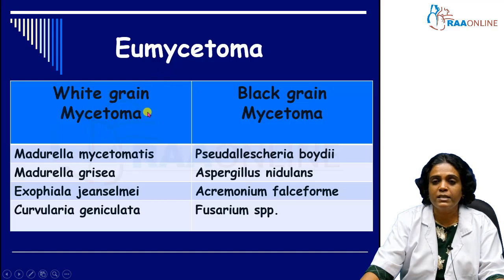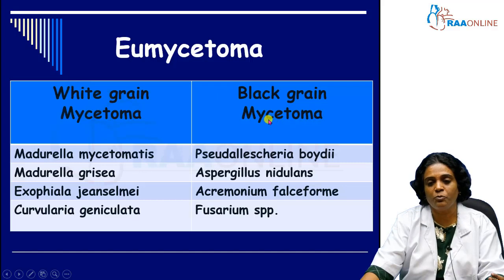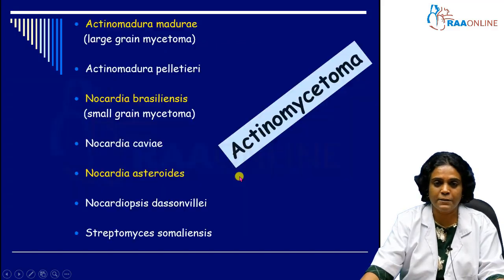So these grains can be white or black in the case of eumycetoma. So the agents which produce white grain mycetoma are Madurella mycetomatis, Madurella grisea, Exophiala and Curvularia. And then we have black grain mycetoma, where we have Scedosporium boydii, Aspergillus, Acremonium and Fusarium. So they produce black grains.